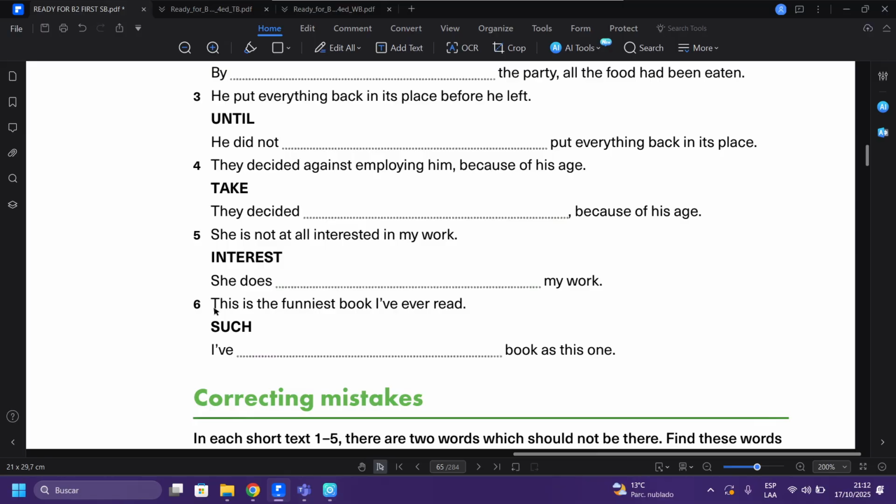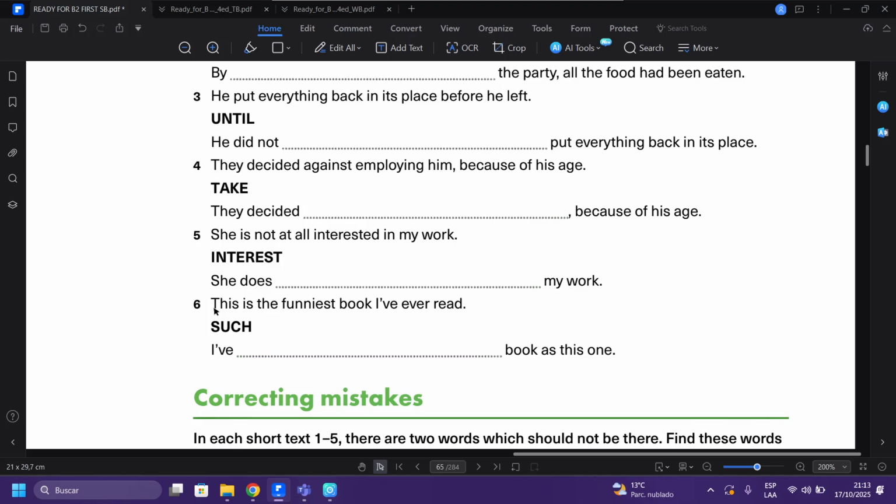Number five. She is not at all interested in my work. So it means that she doesn't have any interest in my work.